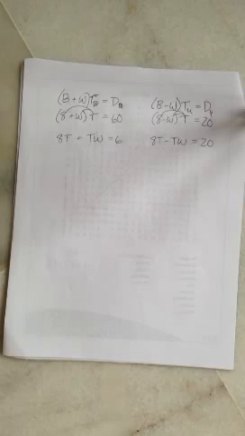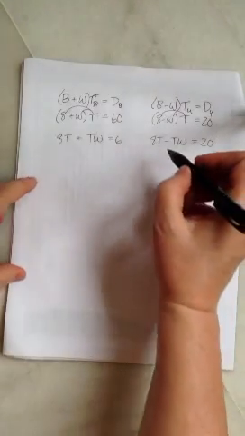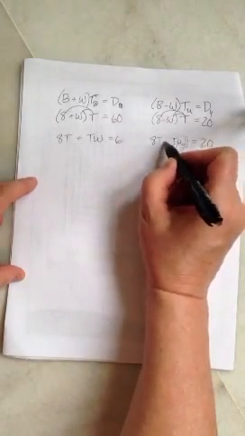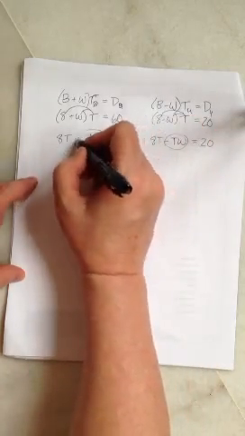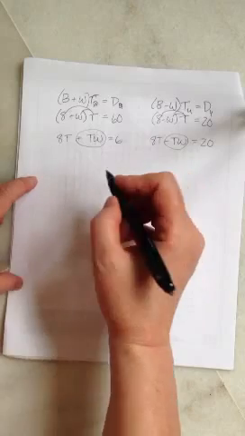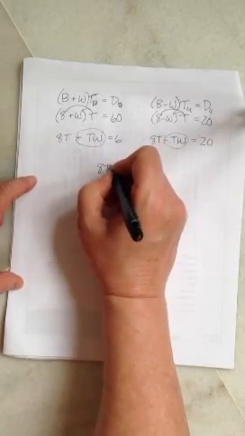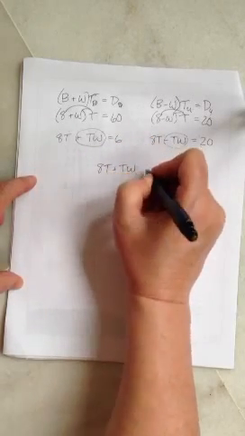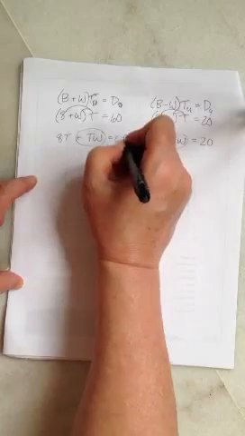So now we turn to our methods of solving a system of equations. We can use substitution or we can use elimination. My brain looks right here and sees the plus and minus TW, and I think, oh, cute. I'm going to rewrite this over. You don't have to go through this much trouble. 8T plus TW equals 60. Forgot the 0.